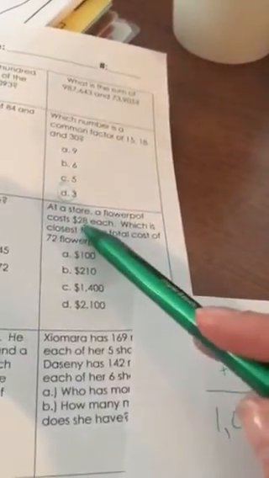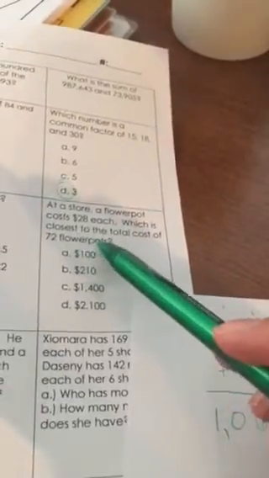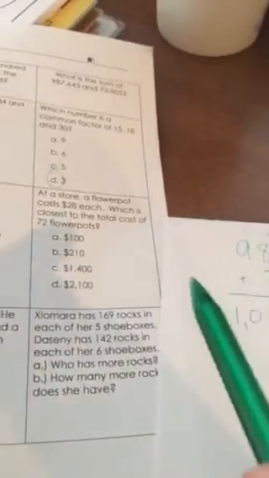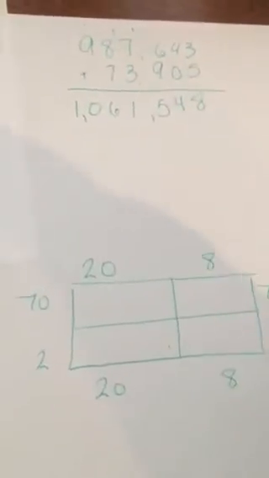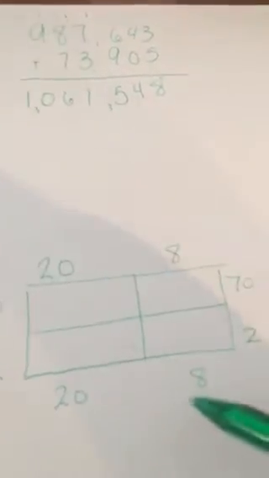Okay. At a store, a flower pot costs $28 each. Which is the closest to the total cost of flower pots? So I'm not going to round even though it says closest. I'm going to multiply the normal digits in the box method, and then whatever my product is, I'm going to decide what my best answer choice is.